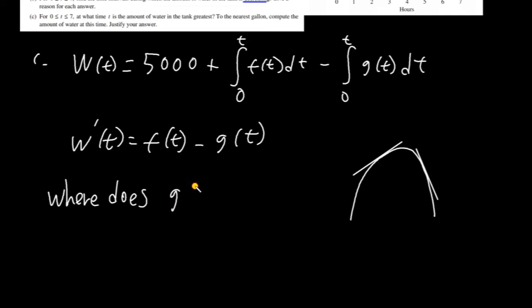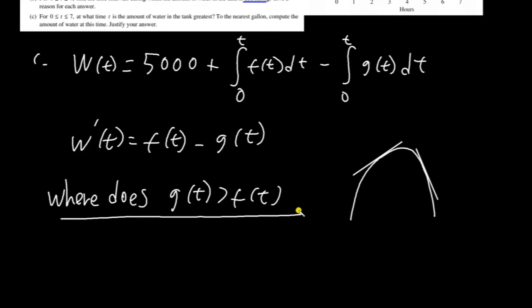Where does g of t become greater than f of t? Because that's when the derivative will switch from positive to negative, right? Because if we're subtracting a bigger number, it's going to be negative. That's when it switches from positive to negative. So where does g of t become greater than f of t?